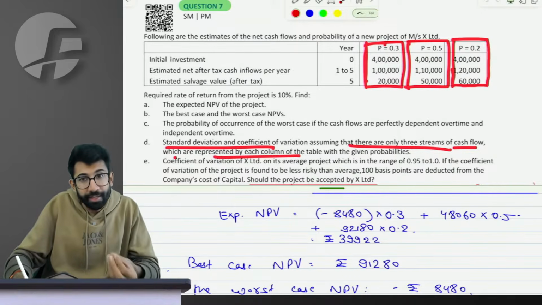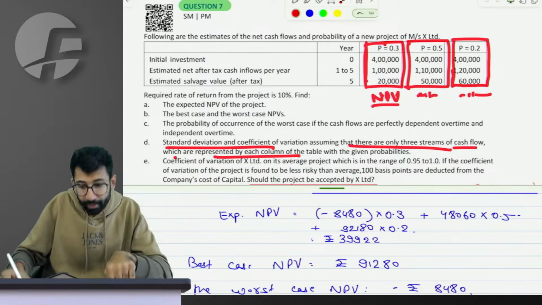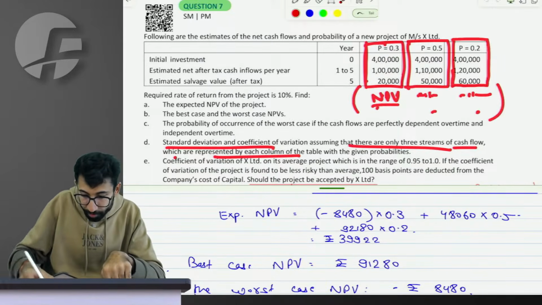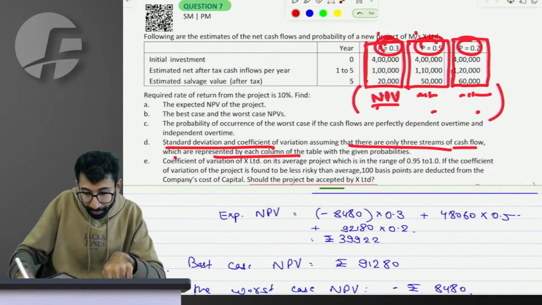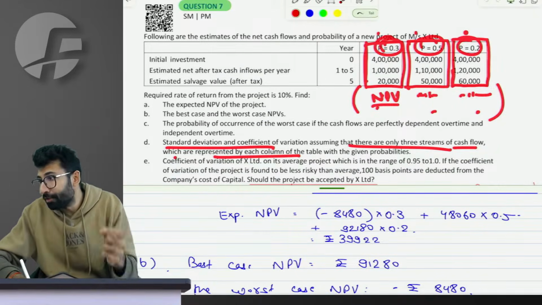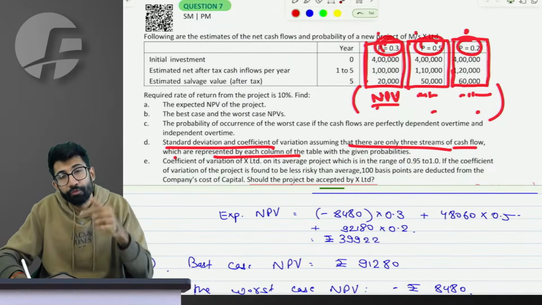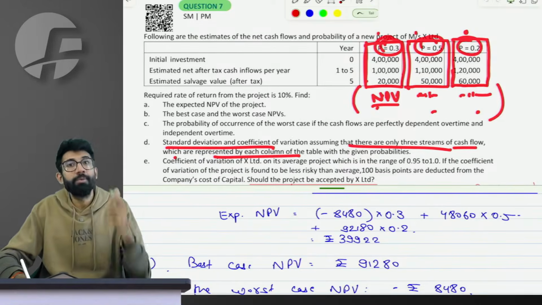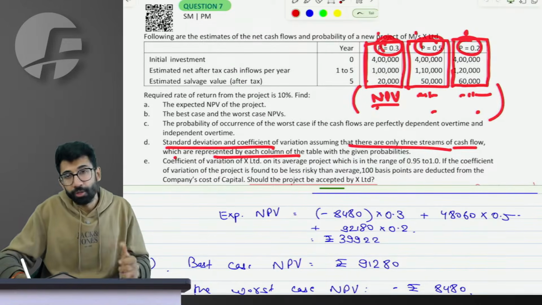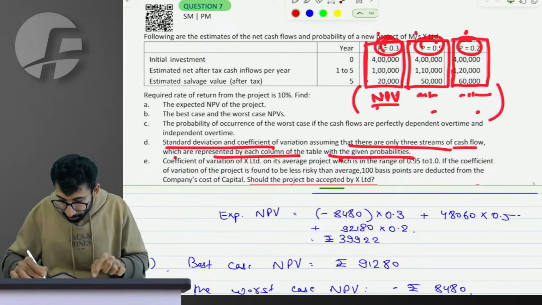So this is a hint that you will first have to calculate the NPV of the respective scenario and then calculate the standard deviation of those NPVs with the effect of probability. That is what the examiner is saying, that you follow the approach you have learnt in scenario analysis, which is why we are picking those questions which can add maximum value to your learning. Perfect? Could you process the language?